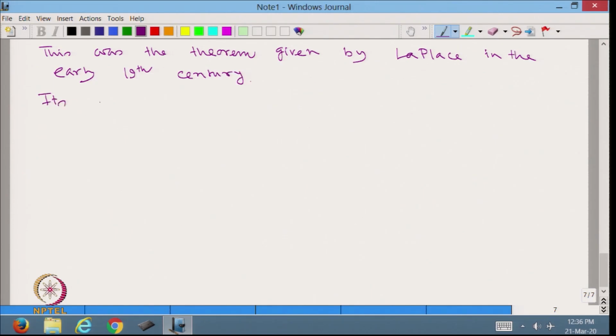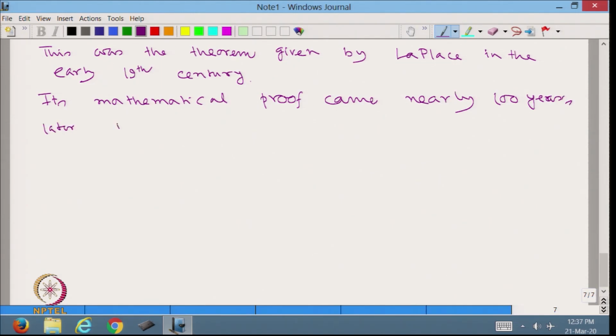Its mathematical proof came nearly 100 years later, in 1901, by Lyapunov.